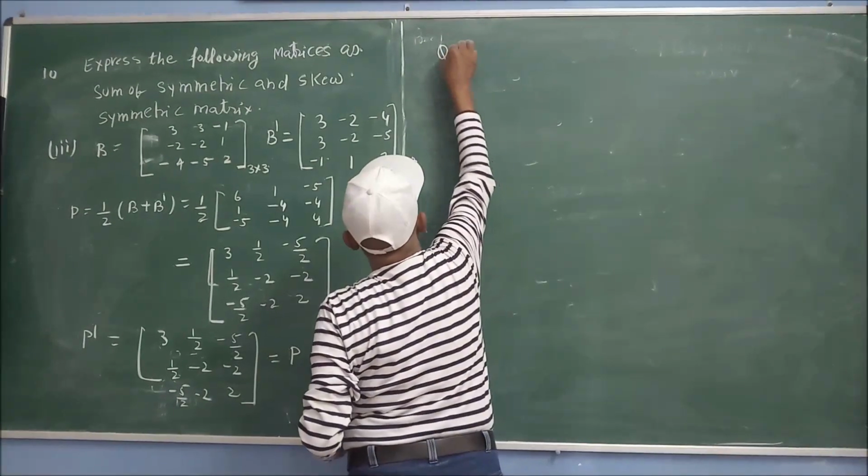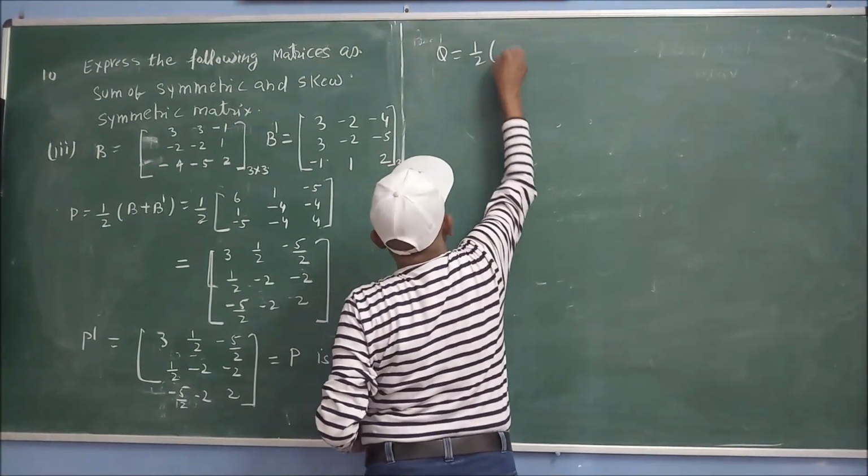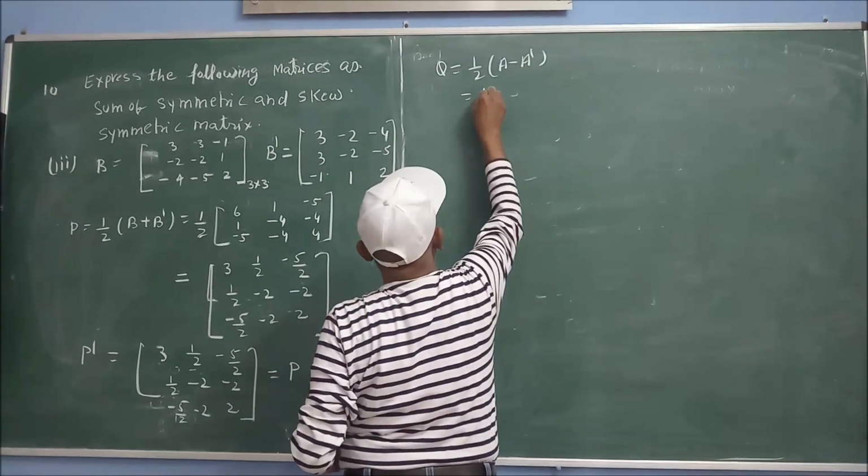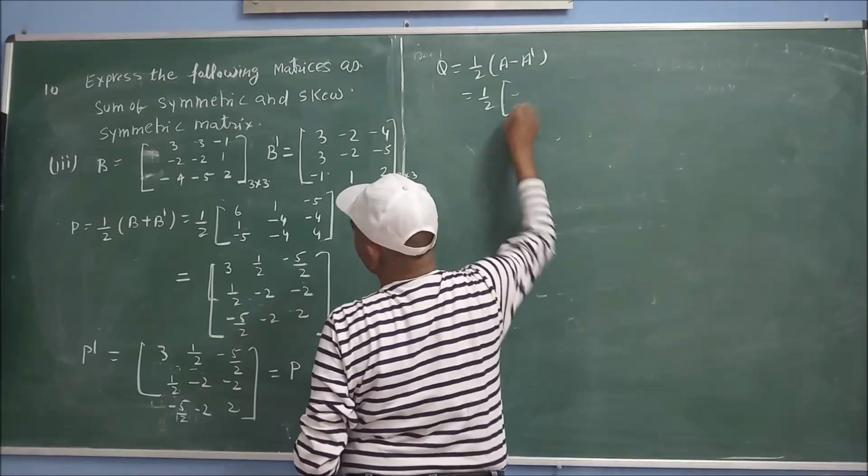Again, Q is equal to 1 by 2 into A minus A dash. So this will equal 1 by 2 into A minus A dash.